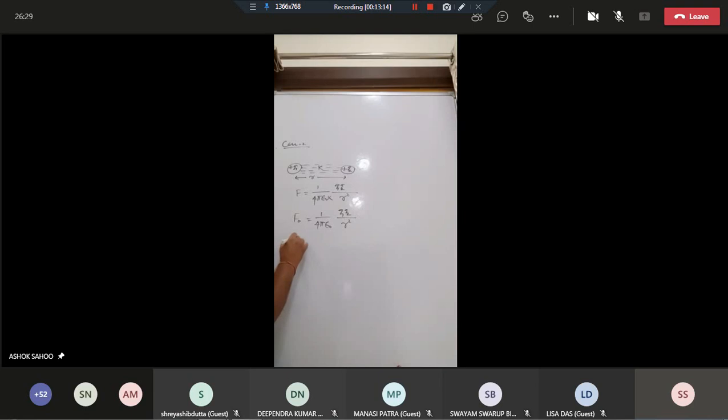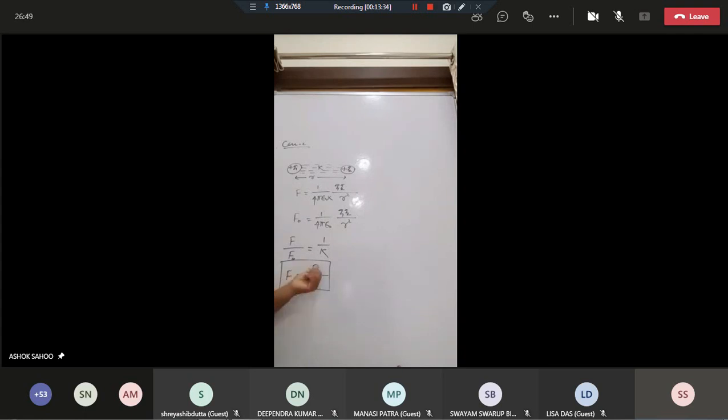If you take a ratio F by F naught, it is 1 by K. Means force equals F naught by K. Means if a dielectric substance is placed between two charges, the force is reduced. How much is it reduced?